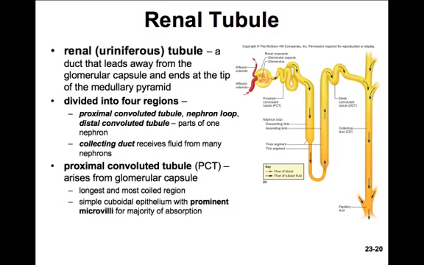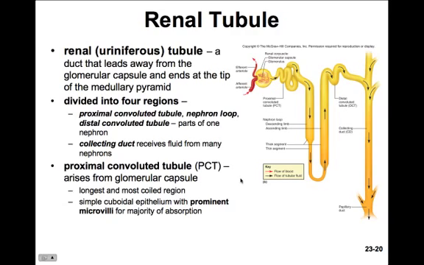The nephron loop here, the distal convoluted tubule after the nephron loop. And finally, the collecting duct. The collecting duct receives fluid from many different nephrons.